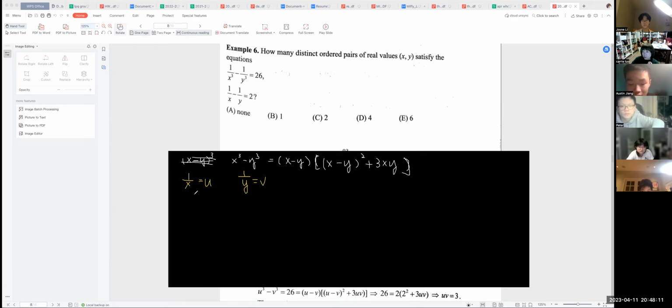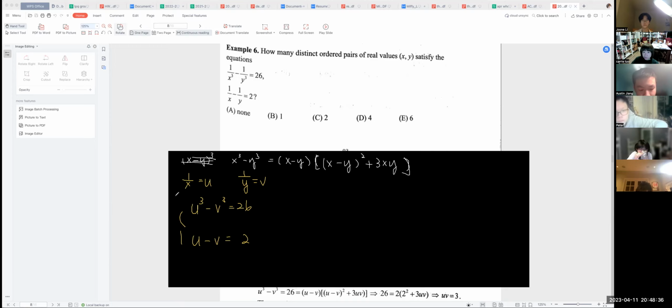So making yourself comfortable is the first thing you can do to help yourself solve the problem. Get it? So u cubed minus v cubed equals 26, and u minus v equals 2. So first, we transfer something with a fraction into a whole number, so we feel really comfortable.